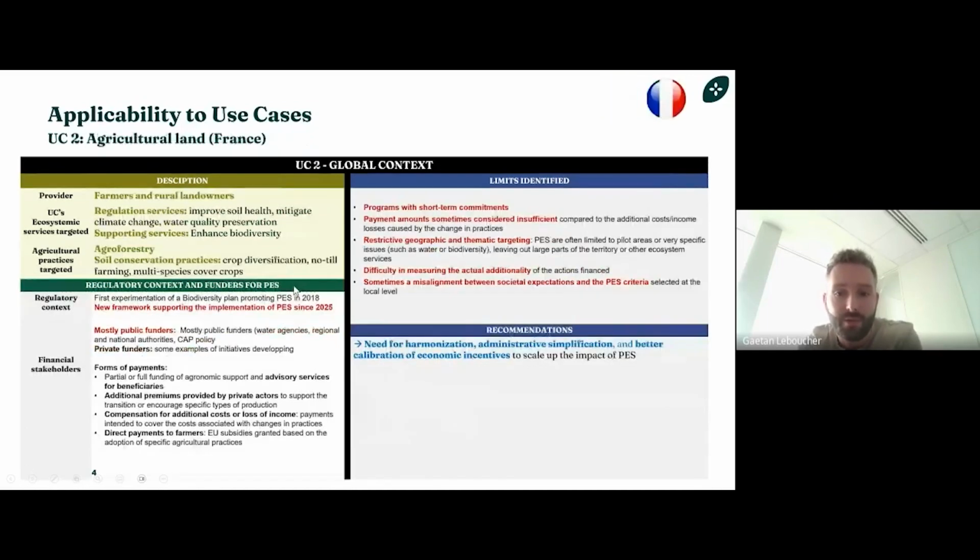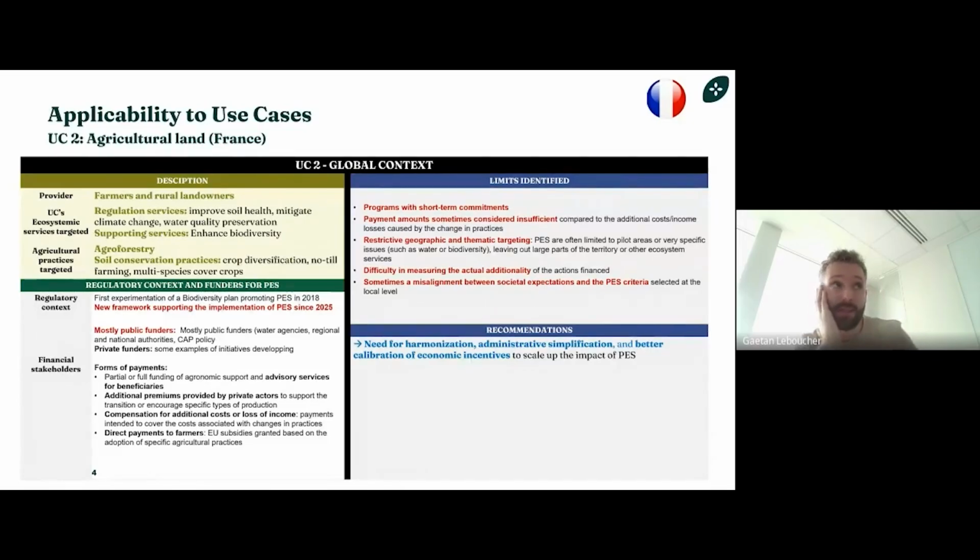On use case number 2, for the regulatory context, France is quite structured on this part. As Gabrielle said, we had a biodiversity plan in 2018, which started an experimentation on PES, and we now have in 2025 a new regulation promoting PES.